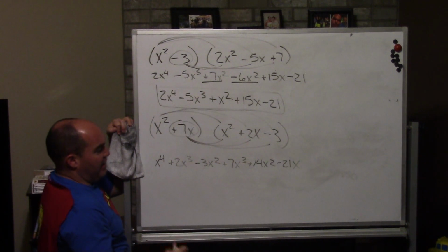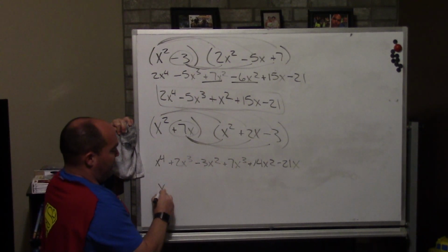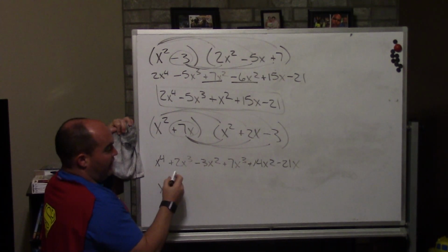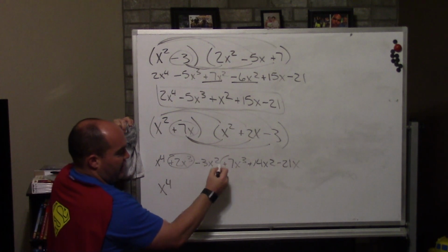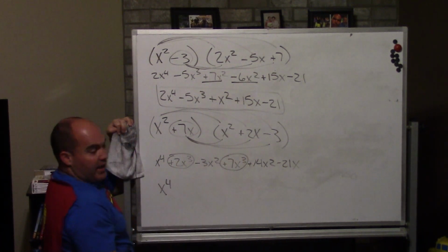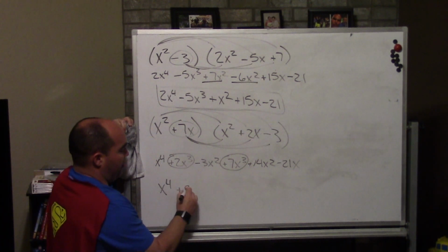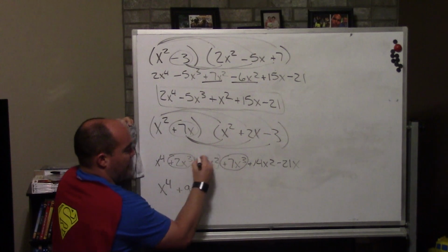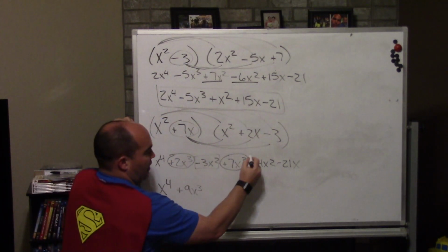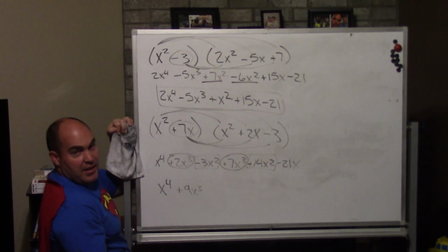So I'm looking for my like terms. X to the fourth, that's the only one that's got a fourth, so I'm going to write that down. Then I've got 2x cubed. Well, here's a 2x cubed, and here's a plus 7x cubed. So both positive, so 2 plus 7 is 9x cubed. I've got a negative 3x squared, and a positive 14x squared.